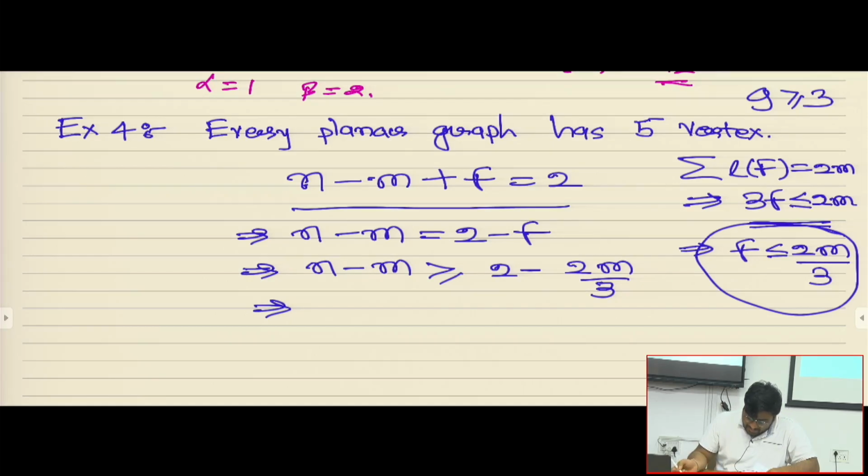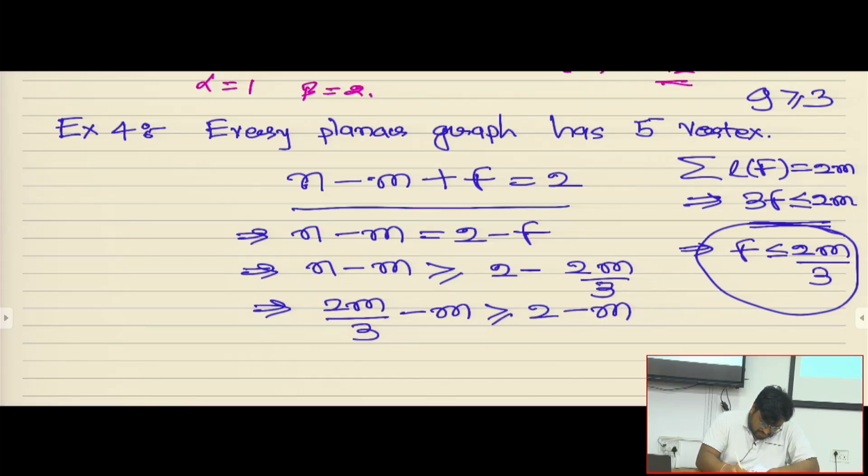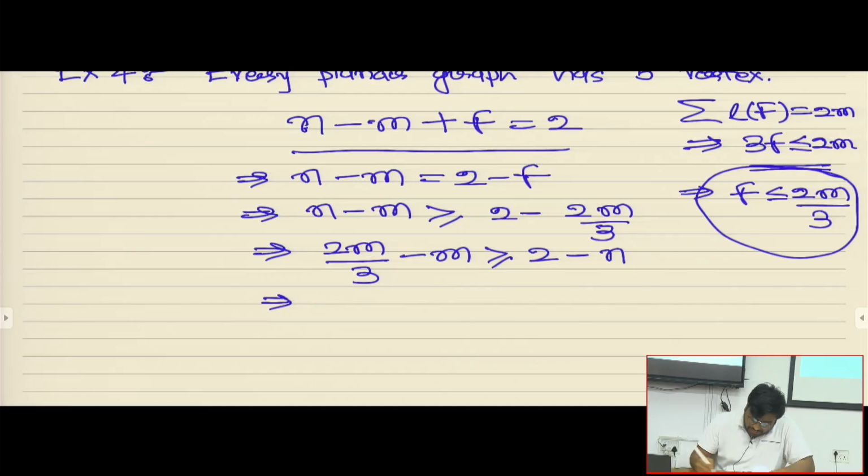Moving 2m by 3 to this side, is it correct? 2m by 3 minus m greater than or equal to 2 minus n, sorry. Multiplying by m, m by 3 greater than or equal to, not greater.